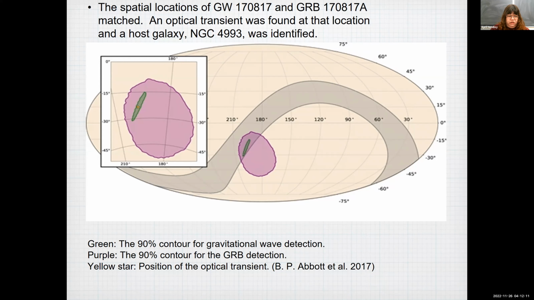For everything from radio to X-rays, you can get true images with a telescope. Like you can bring the light to focus on the CCD. Gamma rays, we can't really get true images.